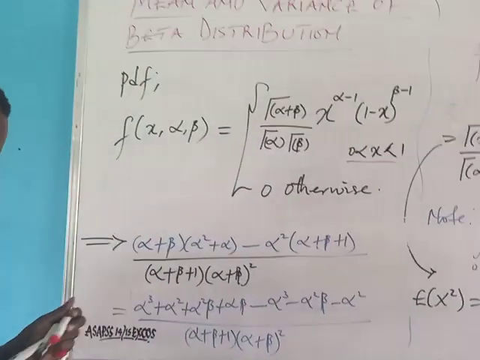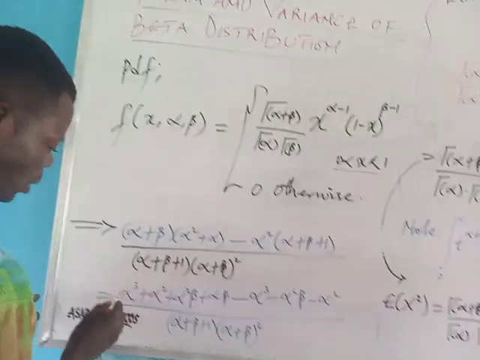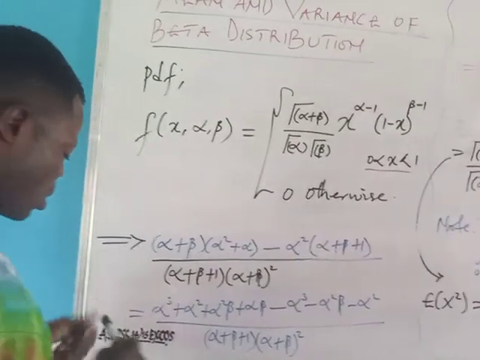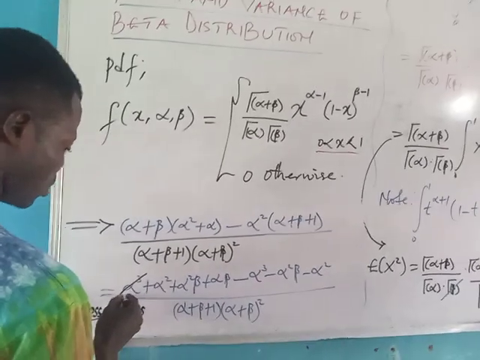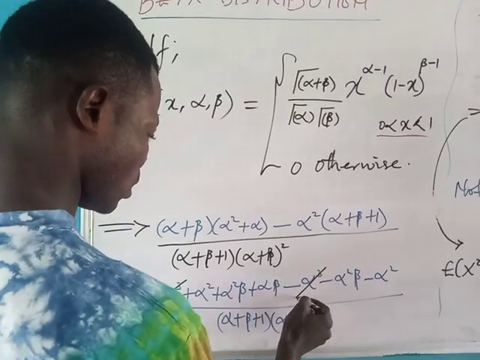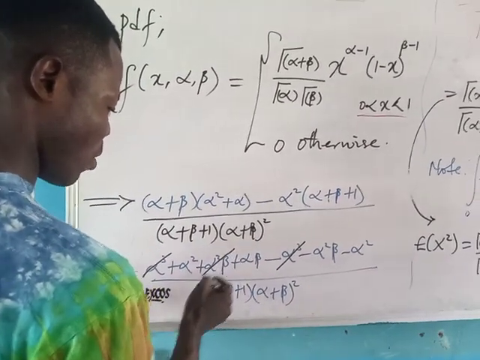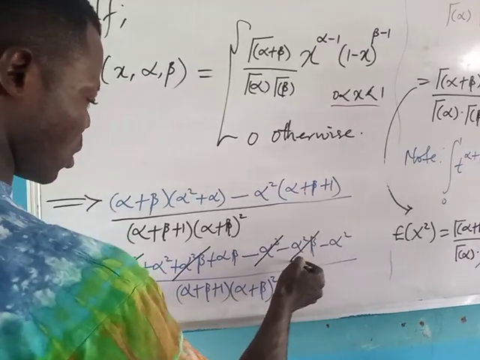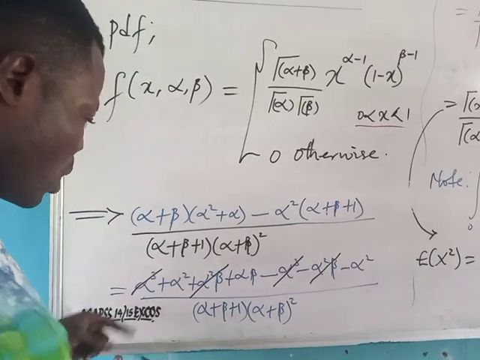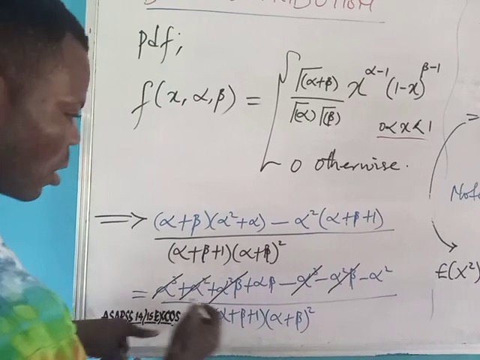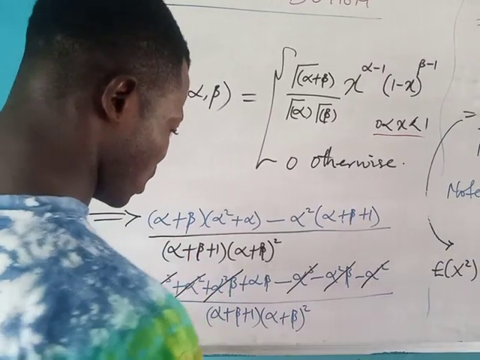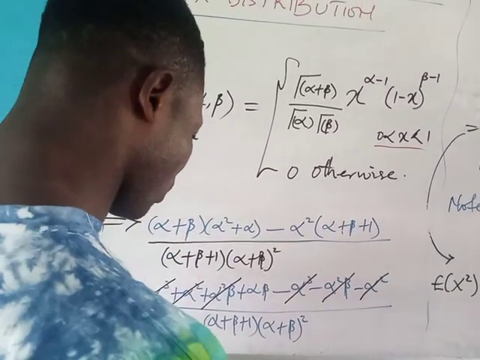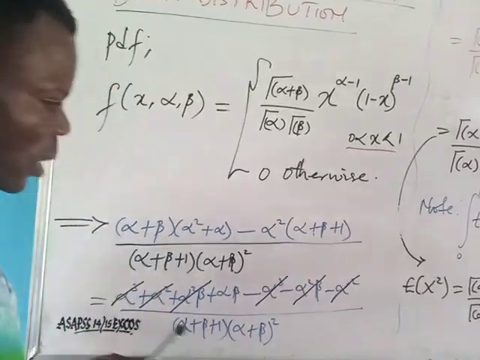So here we discover that this will take care of this, and this alpha square beta will take care of alpha square beta. Also, alpha square will take care of alpha square, left with alpha beta over this.